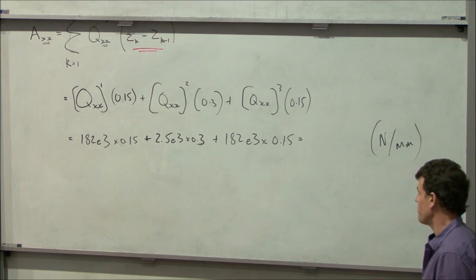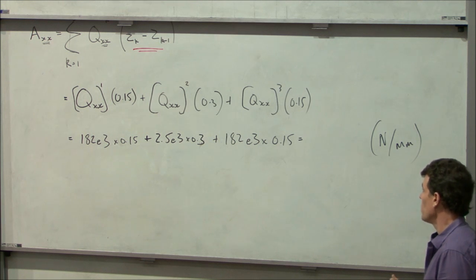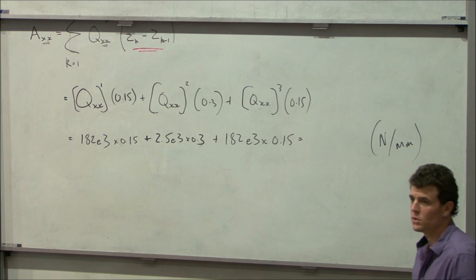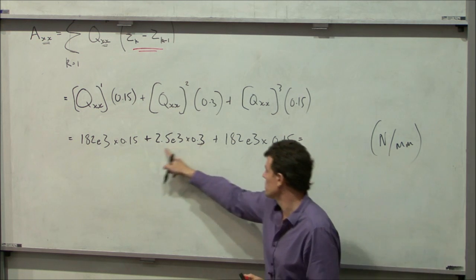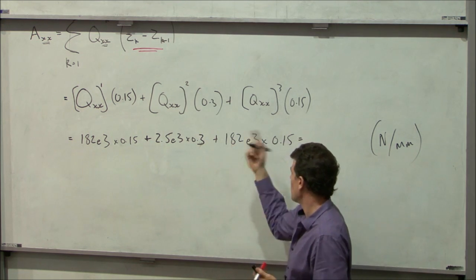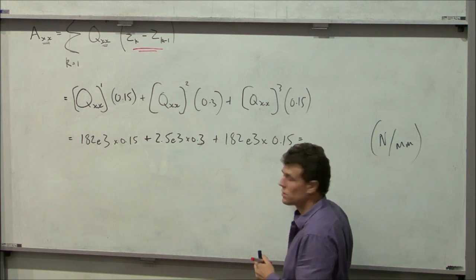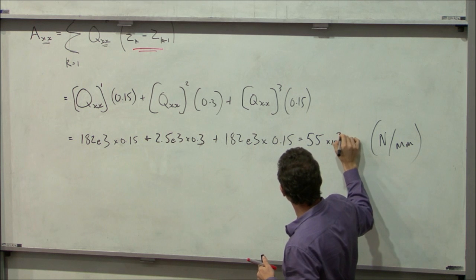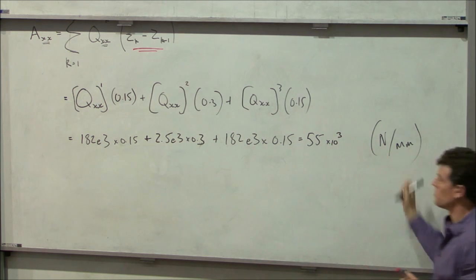Just as a rough guess of what's going to come out here, I'm thinking 60 by 10 to the 3 approximately. Because this one's not going to make much of a contribution, that third of that is about 60. Okay, so 55 by 10 to the 3 newtons per millimetre.